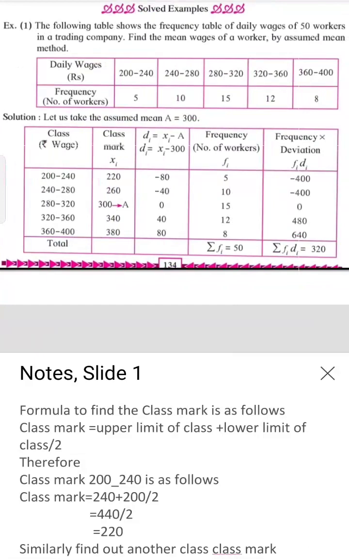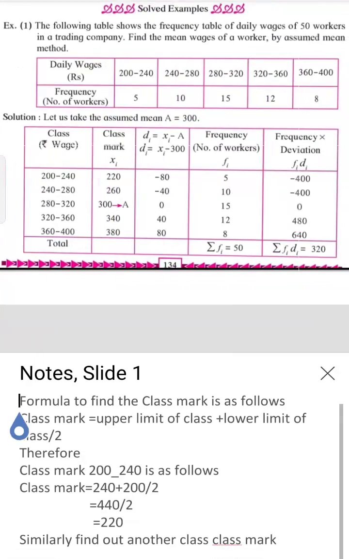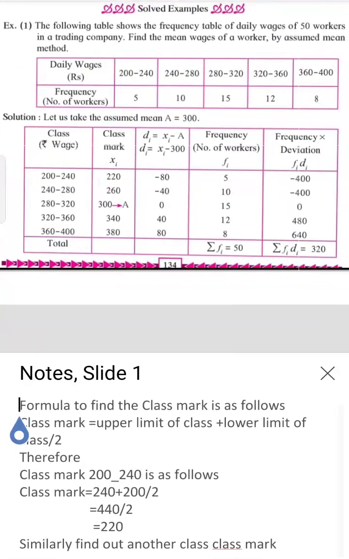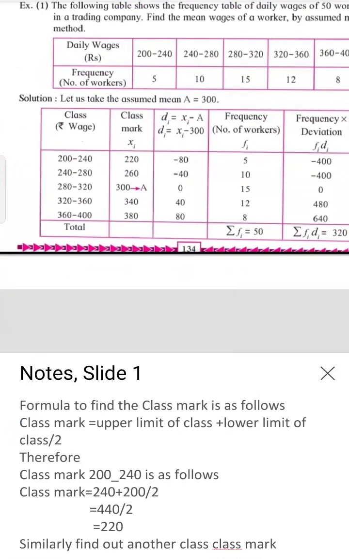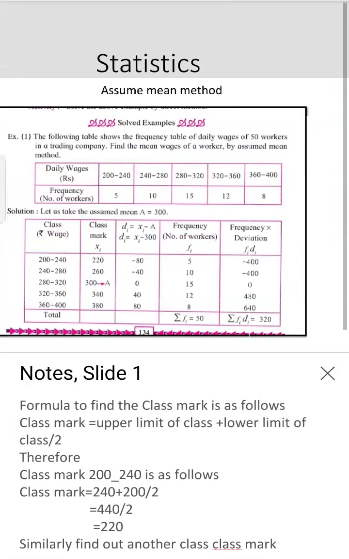Class mark equals upper limit plus lower limit divided by 2. In the class 200 to 240, the upper limit is 240 and the lower limit is 200. Then 240 plus 200 is 440, divided by 2. Then we obtain the class mark of the first class as 220. So write 220 in the class mark column.